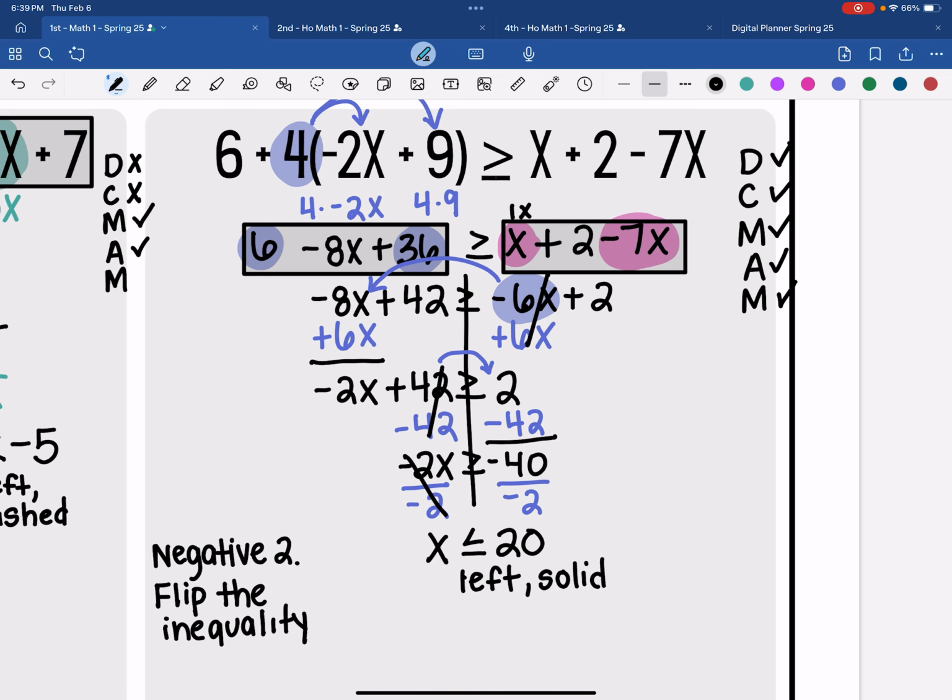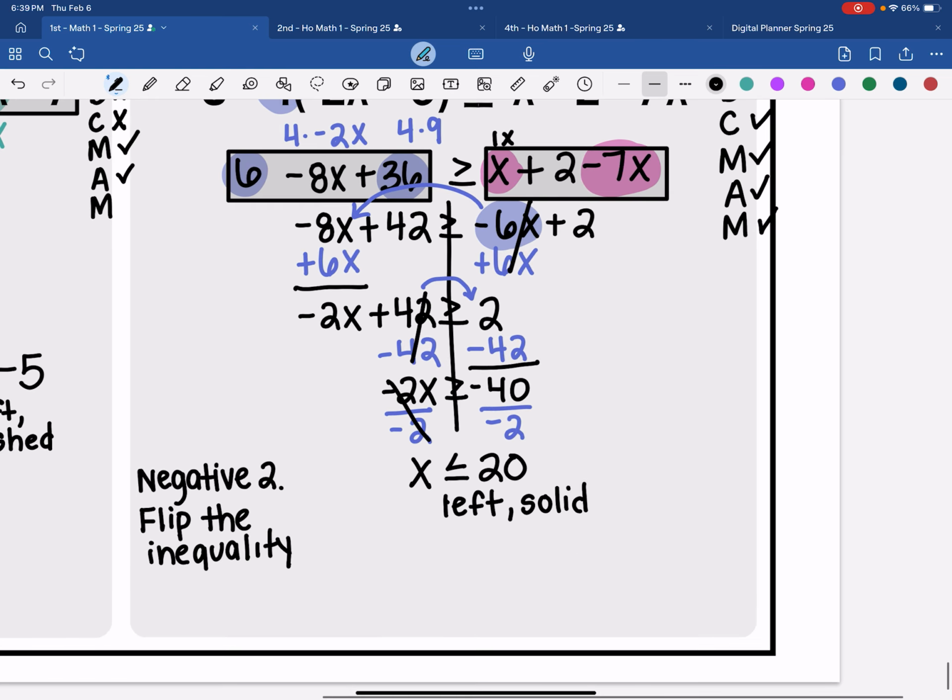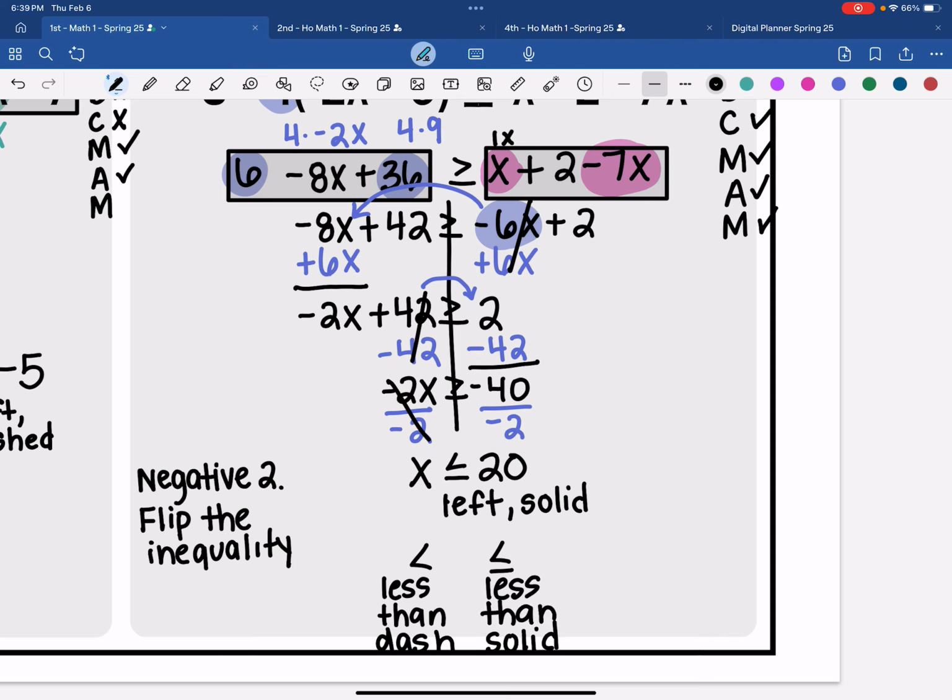Okay, so just to keep in mind as well, just as a review from the other notes, when you have less than, you read it left to right. That's going to be a dashed line because there's no equal to. This is also less than, but this is going to be a solid line because it is equal to.